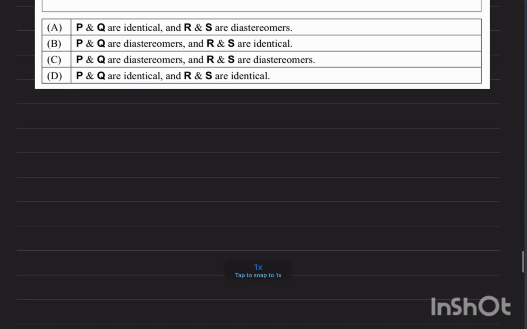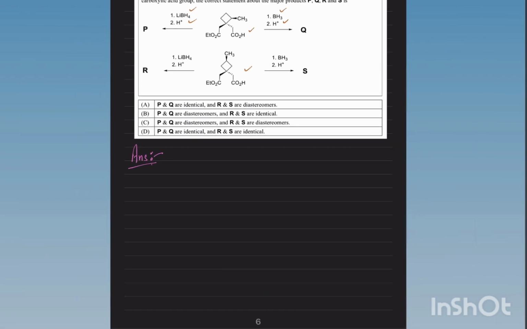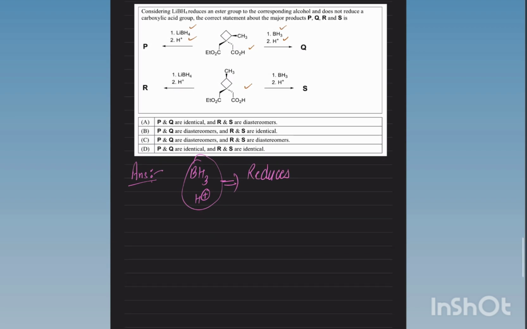So to start this question, for solving this type of question, we should know one thing: that BH3 with H+ reduces carboxylic acid in the presence of ester.